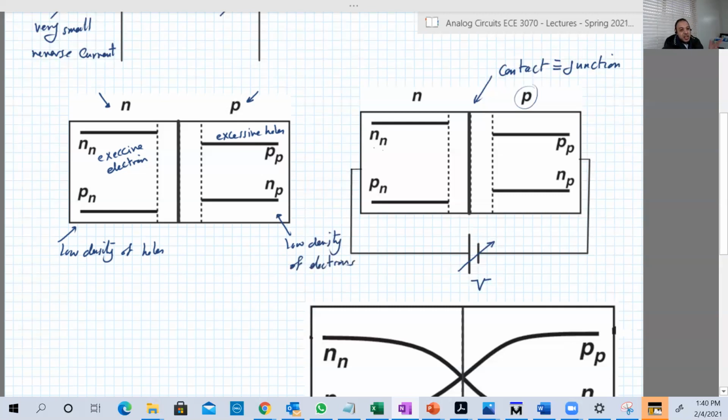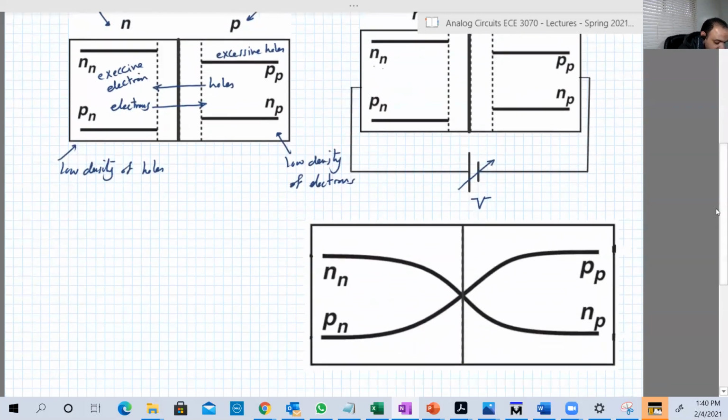And that's enough to create diffusion current. So holes will diffuse from that region to that region, and the electrons will diffuse from that region to that region. And we're going to get something like this.